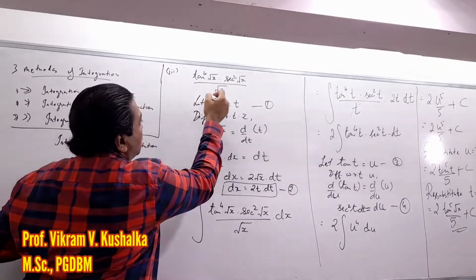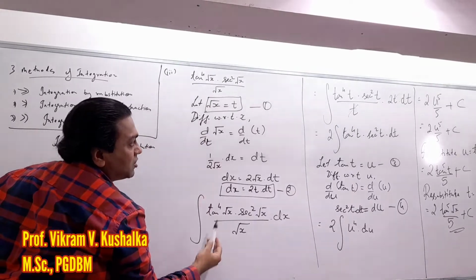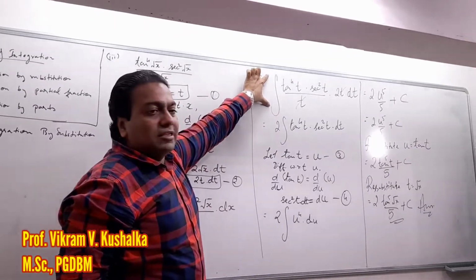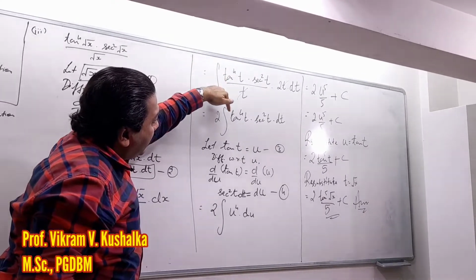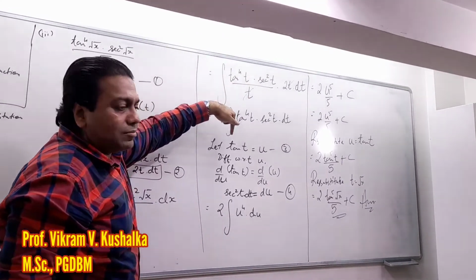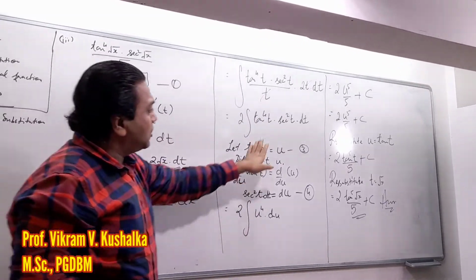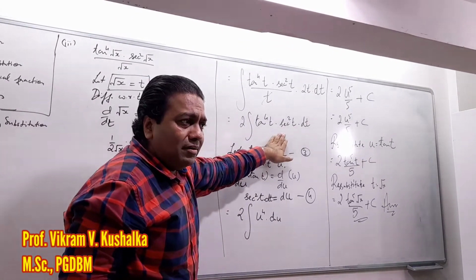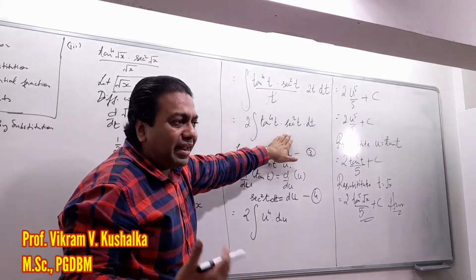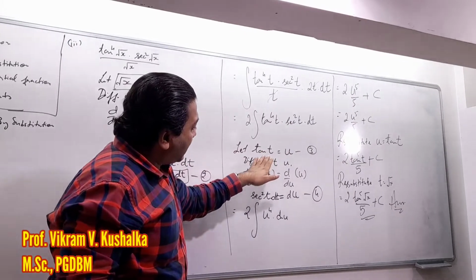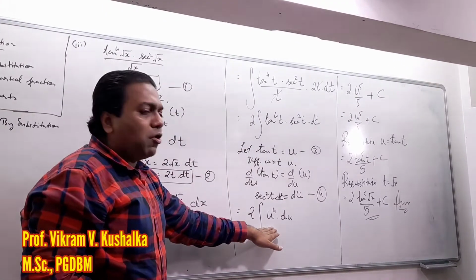When I substitute these two values, equation 1 and equation 2, in my main equation, I get the integrand in this format. Once I get the integrand in this format, again I do a second substitution of tan t equals u. And why am I doing this second substitution? Because you don't know how to integrate a into b. There is no way you can do integration of a into b, correct?